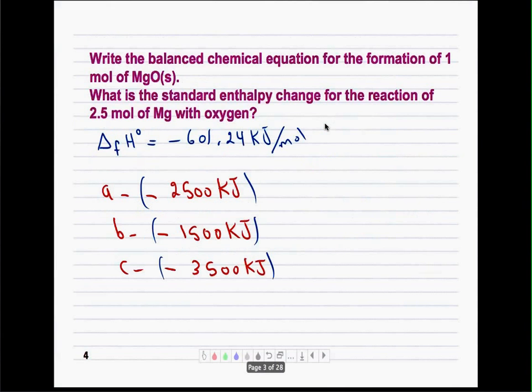Now let's do this one. Write the balanced chemical equation for the formation of 1 mole of magnesium oxide. What is the standard enthalpy change for the reaction of 2.5 moles of magnesium with oxygen, knowing the fact that delta H formation of magnesium oxide is that much?